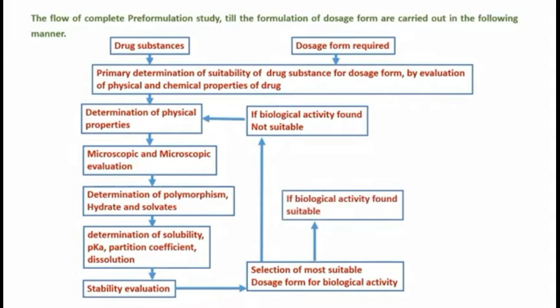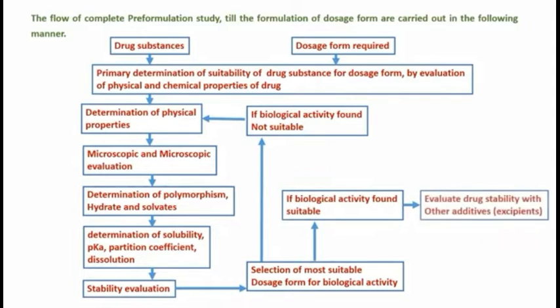Class wise, the percent of polymorphism: barbiturates 63%, steroids 67%, and sulfonamides 40%.